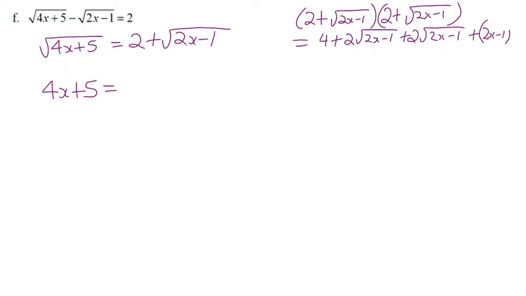So the quick way to square this is you square the first term. You take this times this, which is 2 times root 2x minus 1, and you double it to give you 4 times root 2x minus 1. And then you square this. Okay, so we still have a radical courtesy of this 2.